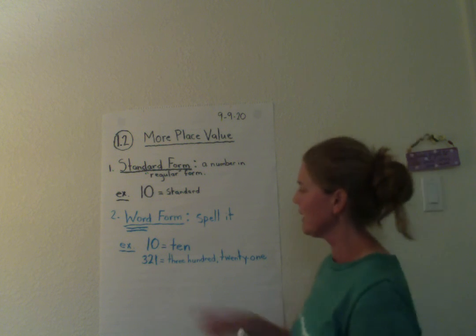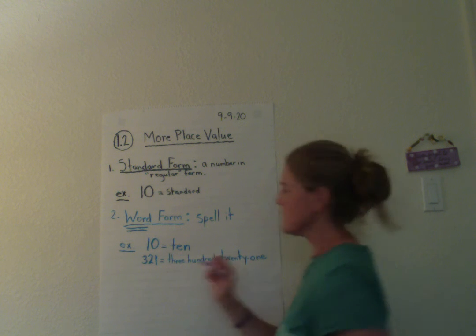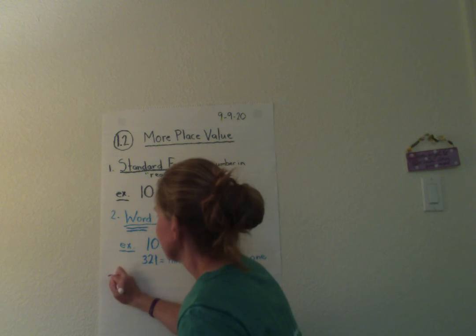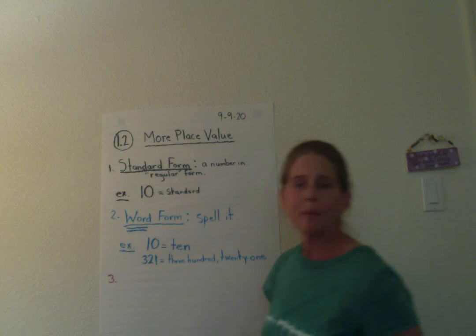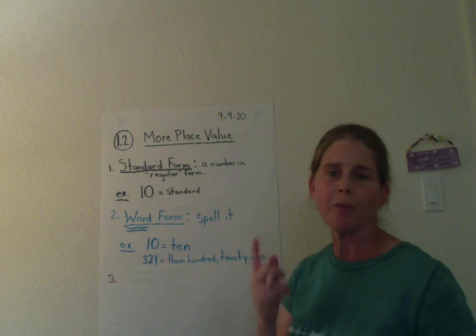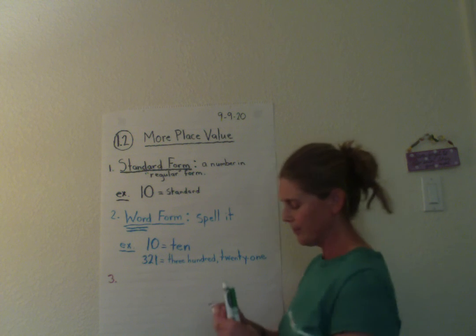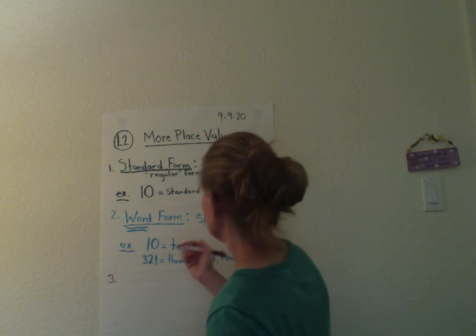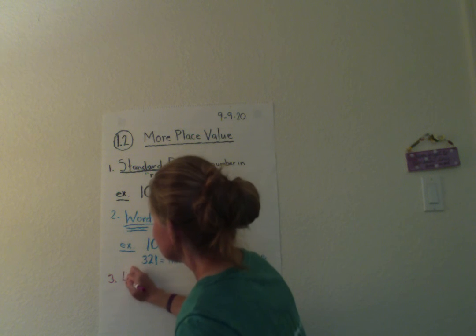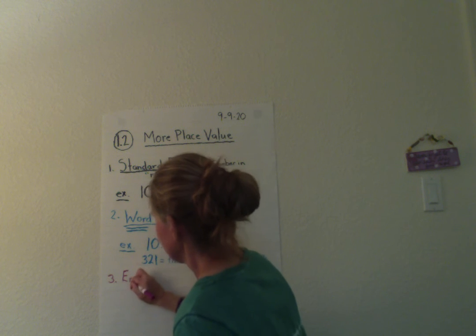Let's choose another one. I'm going to skip down. This is number 3. Again, you should be adding this word to your spiral notebook. Number 3 is expanded form.